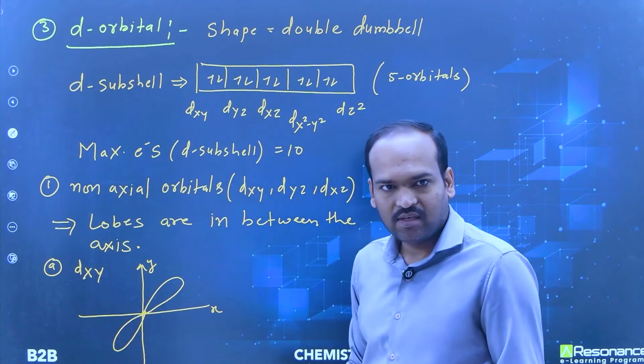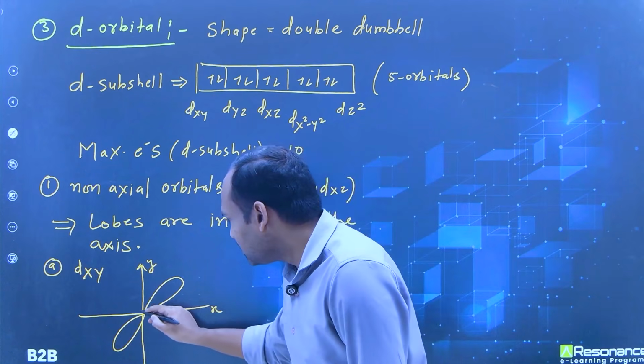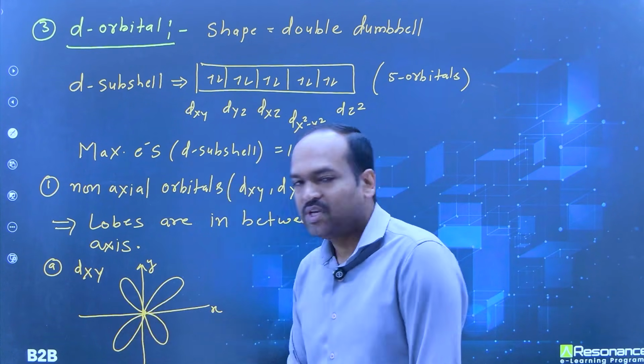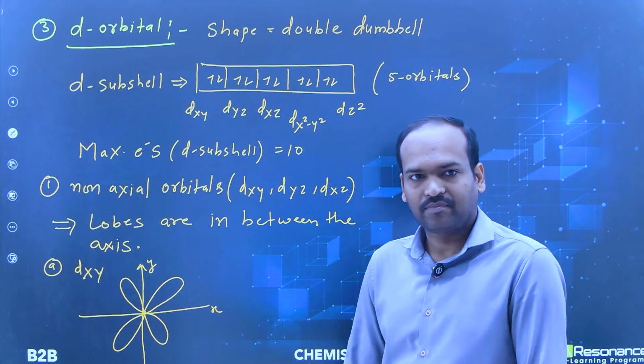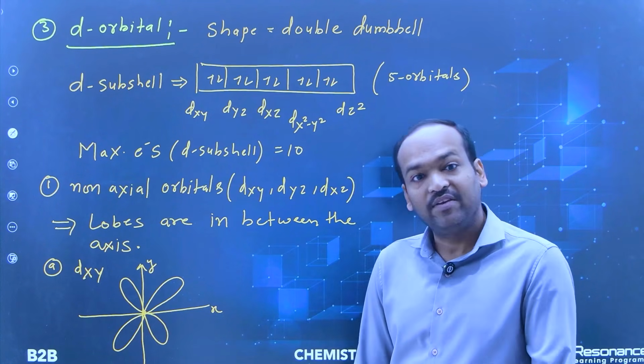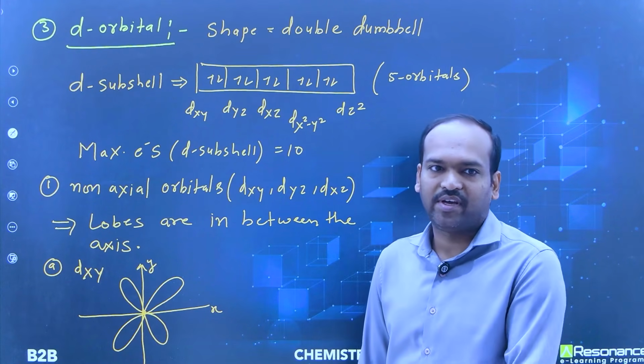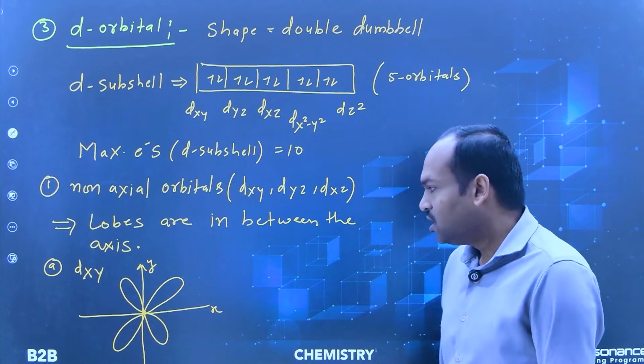This is a dumbbell. This orbital is known as dxy, in between the axes at 45 degrees.